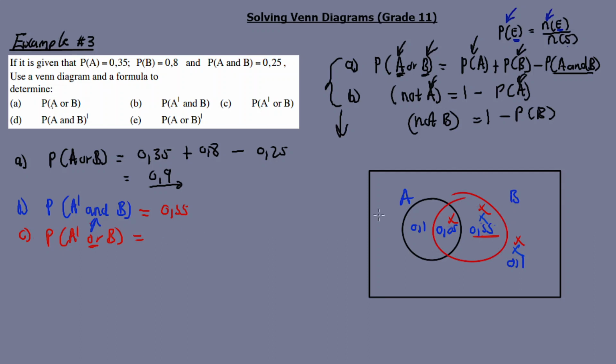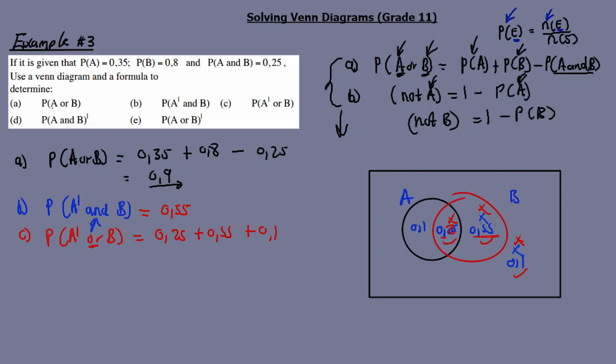It's this one, this one, and this one. We just add them up, everything with the mark. So I add 0.25 here, and now 0.25 plus 0.55 plus 0.1.